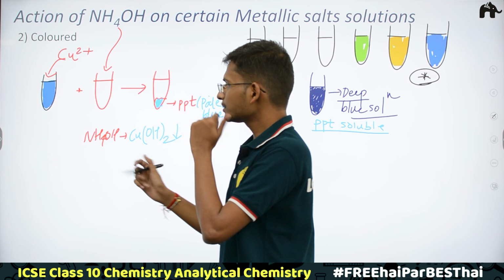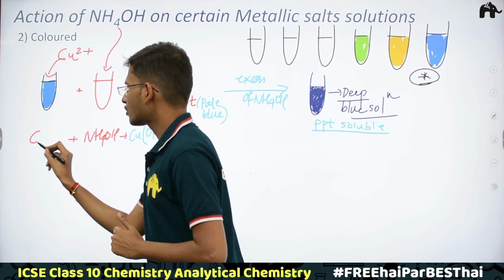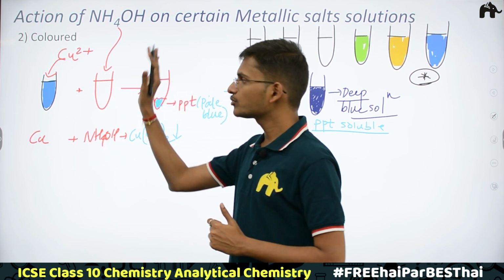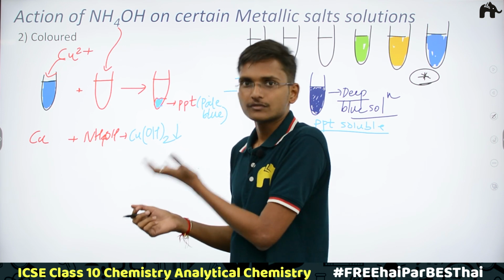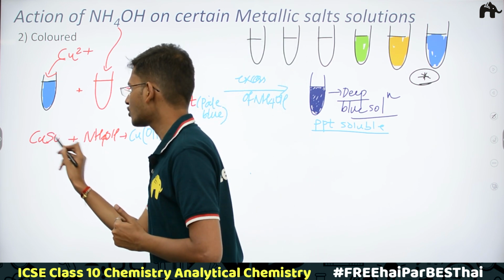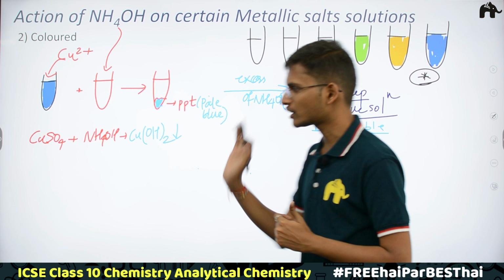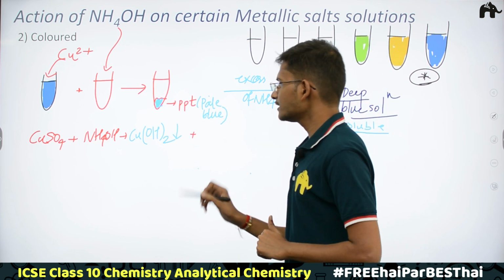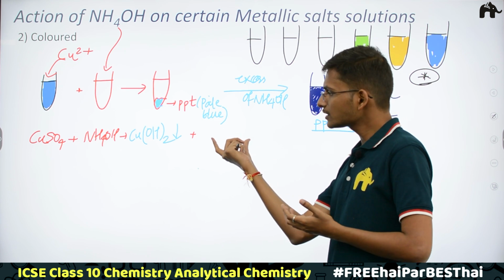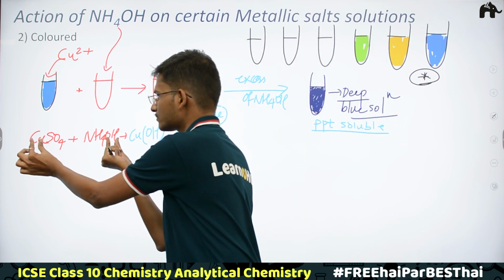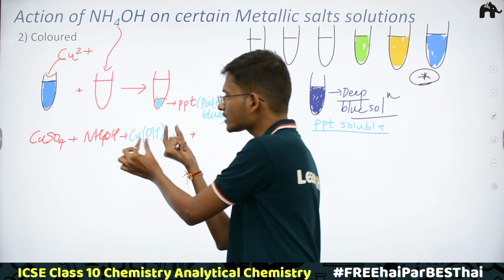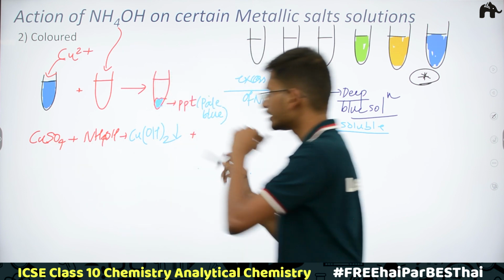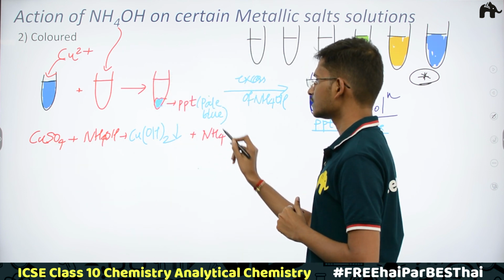Now we have to figure out a copper salt having Cu2 plus ion which is soluble in water. So I'm writing copper sulfate, using the rules of solubility. Now copper and OH minus ions are involved in copper hydroxide formation. What is remaining? Ammonium and sulfate. It would form ammonium sulfate simply.